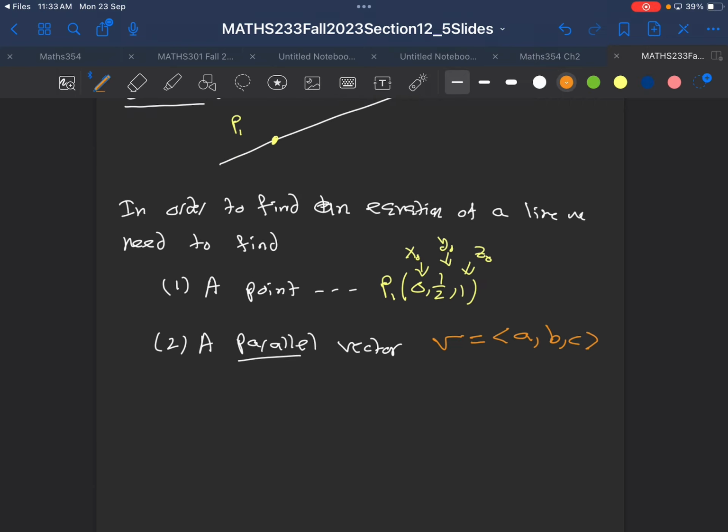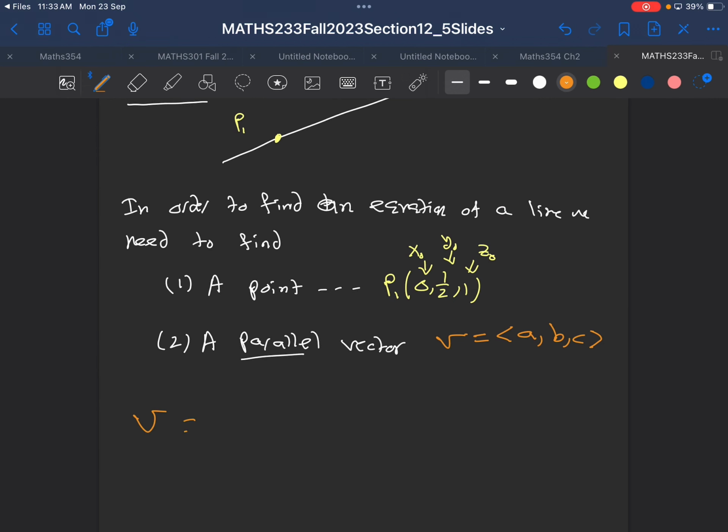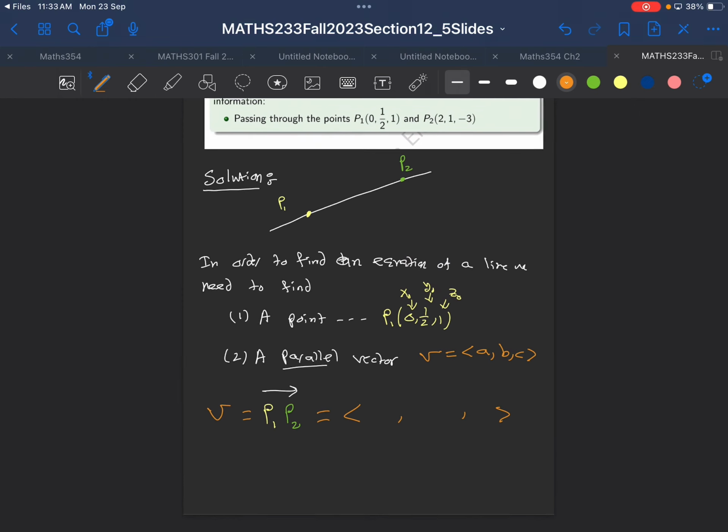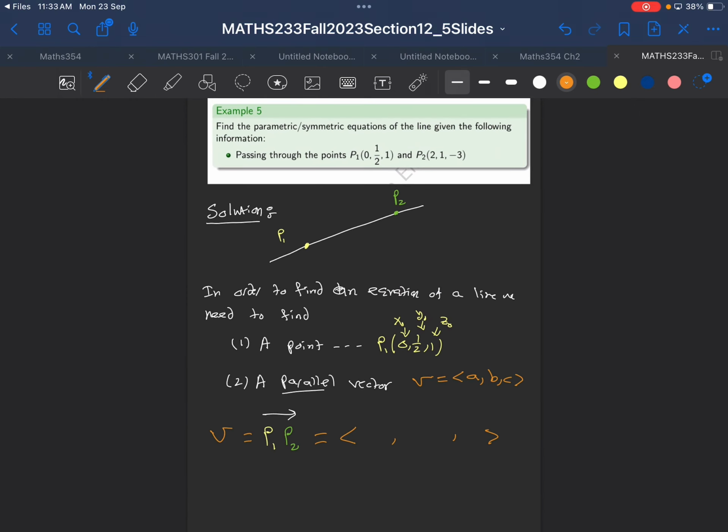So what will be my V? My V will be just equal to the vector B1B2, and we put the vector sign. And how do we find the components of B1B2? We just subtract the coordinate of B1 from the coordinate of B2.